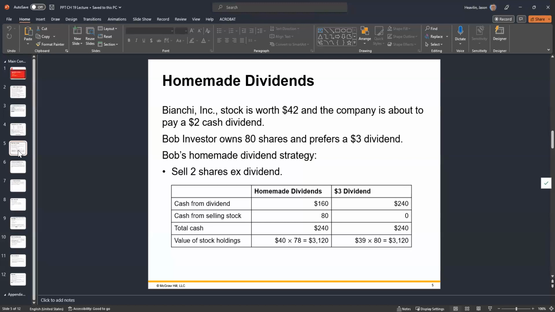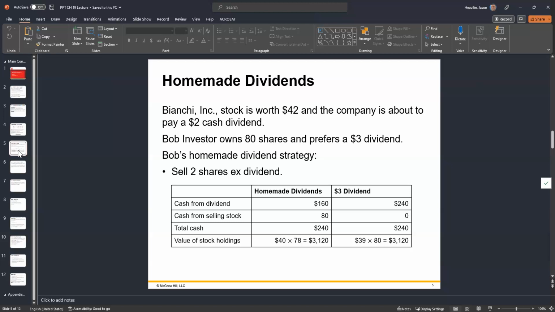Homemade dividends. To do a quick explanation, let's say a company does not pay dividends. That's fine. That's not a problem. There's a stock that, instead of paying dividends, is going to grow faster in price. That's the trade-off. With companies that pay dividends, the stock will grow at a certain rate, which is a little lower than the total.